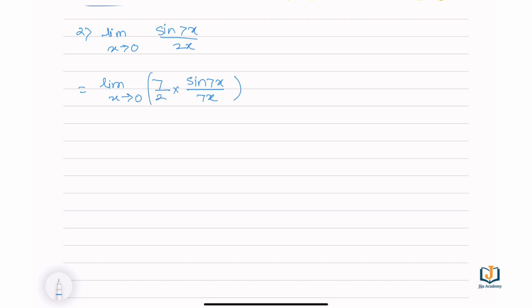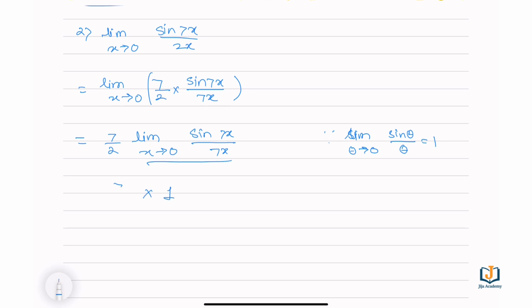So we get 7 by 2 limit x tends to 0 sin 7x upon 7x. And we know that limit theta tends to 0 sin theta upon theta is equal to 1. So this is equal to 1. So the answer is 7 by 2. Moving to the next problem.